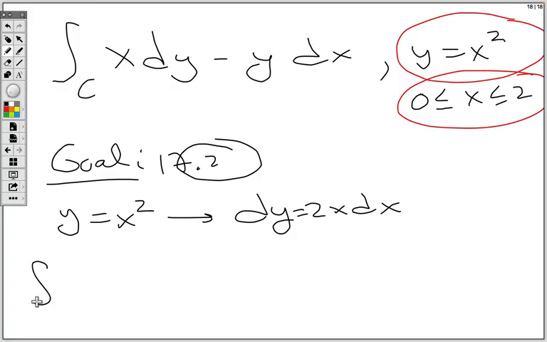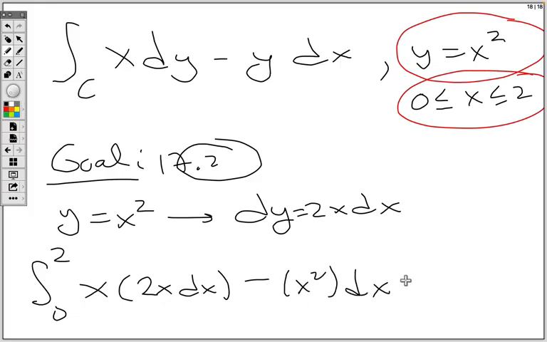And so my integral here, I'm integrating over the curve C. The curve C is determined by x from 0 to 2. I've got x times dy, 2x dx, minus y, which is x squared dx. So I'm just integrating 2x squared minus x squared dx. And I think we can sneak that in there.